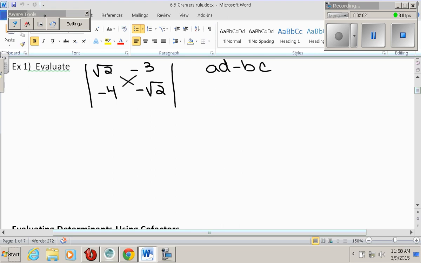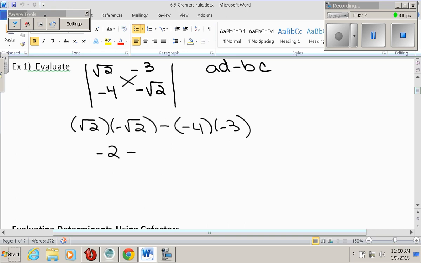Essentially, it's kind of like cross multiplying. So radical 2 times negative radical 2, and negative 4 times negative 3. Here we get negative 2, and over here we get positive 12. Put those together, and the determinant for this matrix is negative 14. So again, the math is not difficult. It's just a matter of remembering the process and how you go about it.